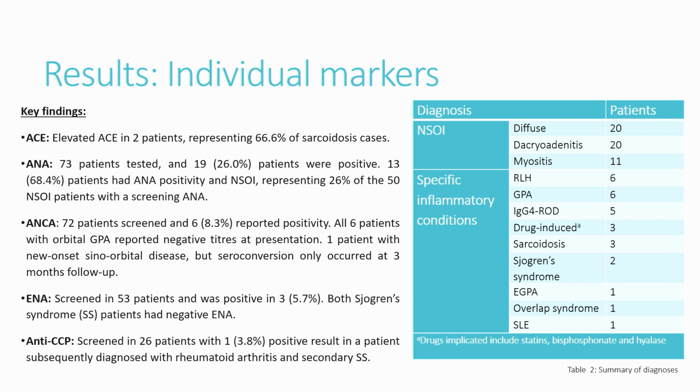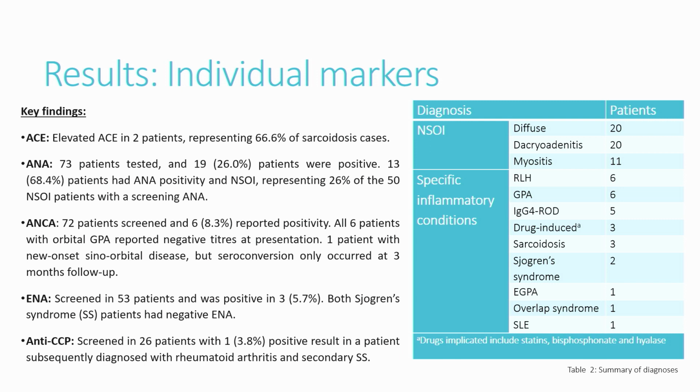All 6 patients with orbital GPA reported negative ANCA titers at presentation. However, 5 had previously known systemic disease and were on maintenance therapy and therefore had decreasing or negative titers. 1 patient, however, had new onset sino-orbital disease, but seroconversion only occurred at 3 months follow-up.